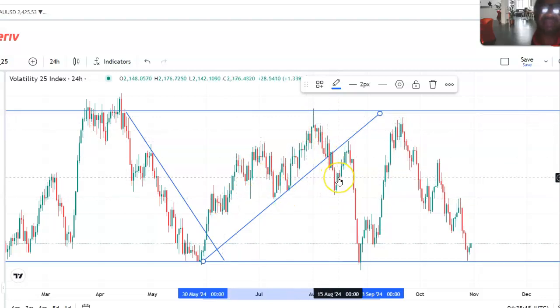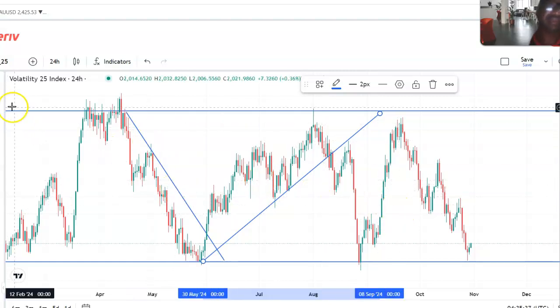Then it breaks this level here. But in general, the trend here is what? Is in a trending range. This is not a major trend, but at the macro level, it is also trending. Okay, but at the macro level it is on a trending range.